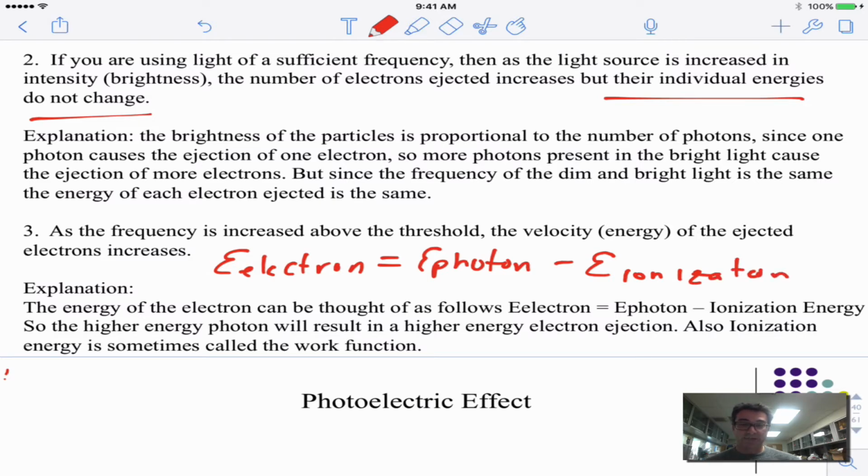It takes energy to remove the electron. The photon has a certain amount of energy associated with it. If we subtract how much energy it takes to pull off the electron, the electron will be moving with that difference. Sometimes they call this ionization energy the work function. Sometimes they call it the binding energy. It depends on who you talk to.